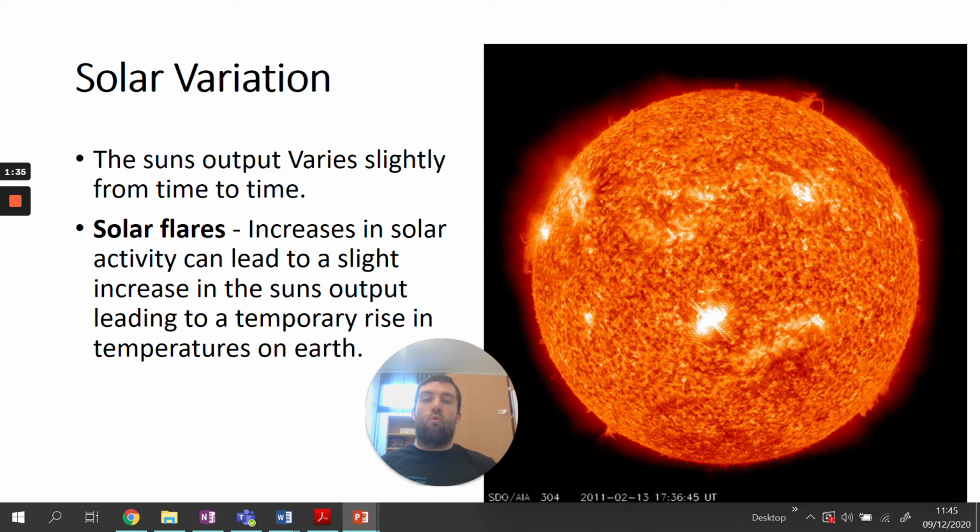So more of the sun's energy is being put out into space, which means more of the sun's energy is reaching Earth, which means that energy in the form of heat is allowing our temperatures to rise temporarily for a small time. It's long enough to be classed as climate change because of the time it takes all of this energy to travel to Earth and so on. So solar variation, an increase in solar activity, leads to higher temperatures on Earth.